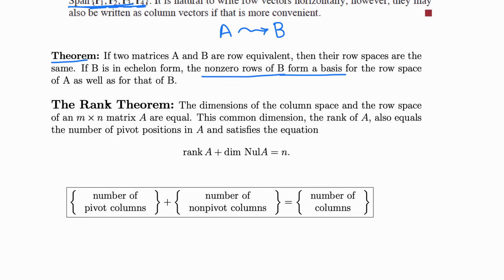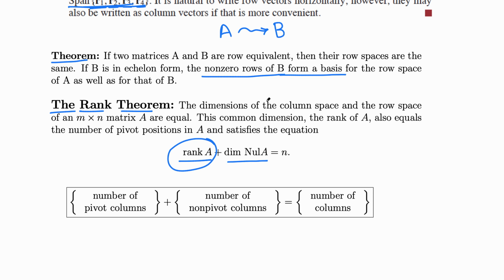And finally we now have the same thing from last time, the rank theorem. Okay, so what happens is rank of A plus dimension of null A is the same as n. What is new here is that rank A is now defined in this way as well.